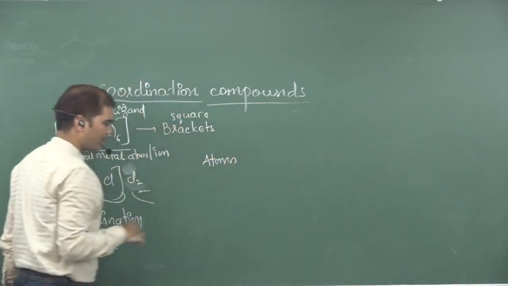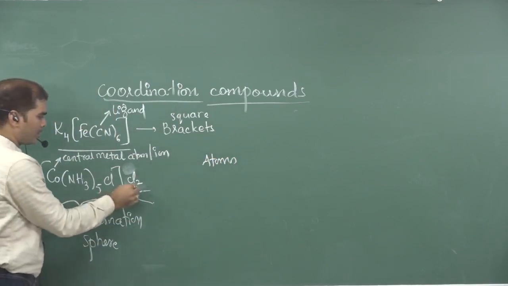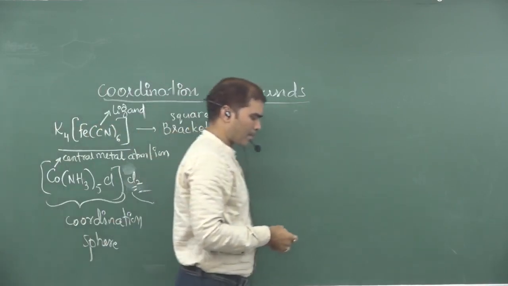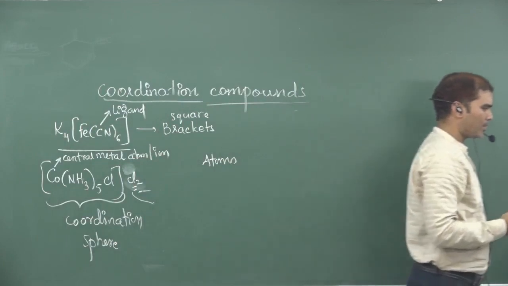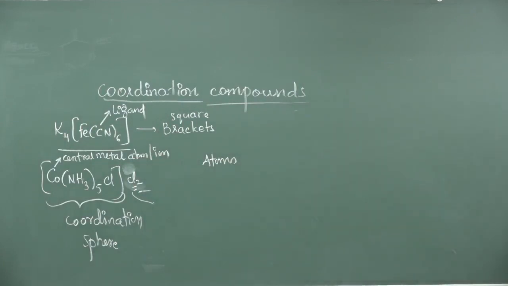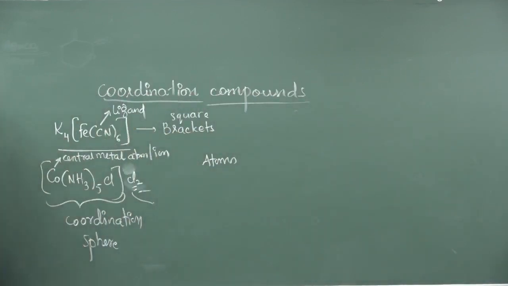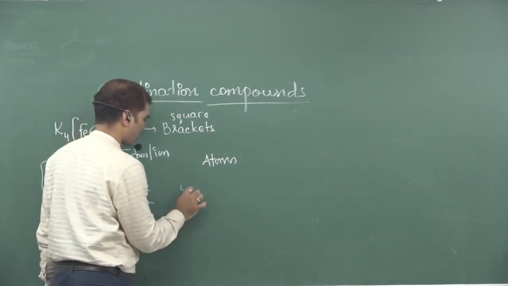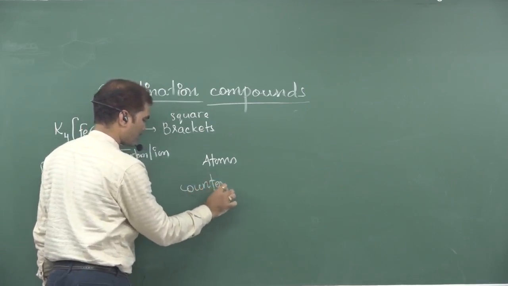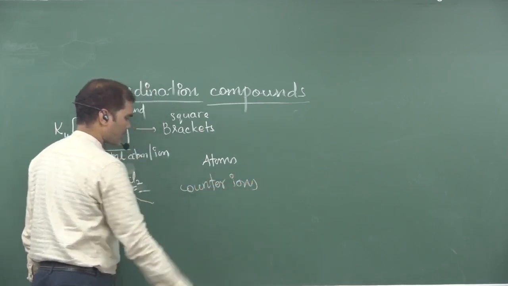You can directly write it. Atoms or groups existing outside the coordination sphere are called counter ions.